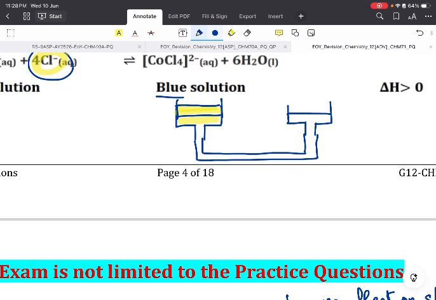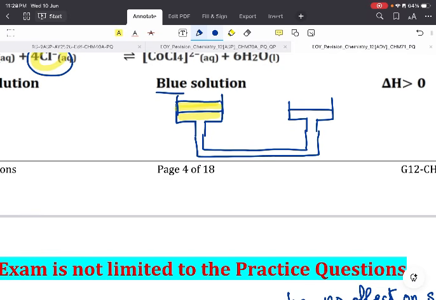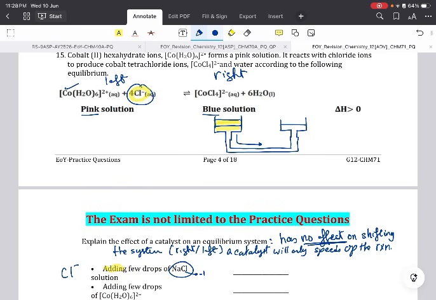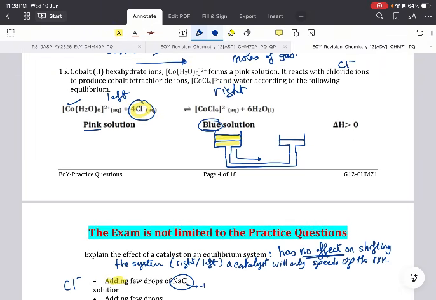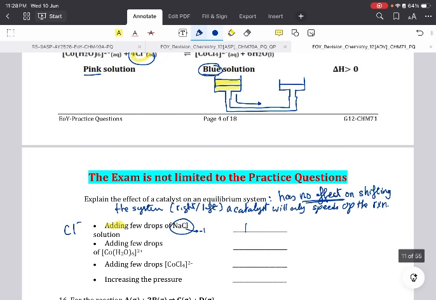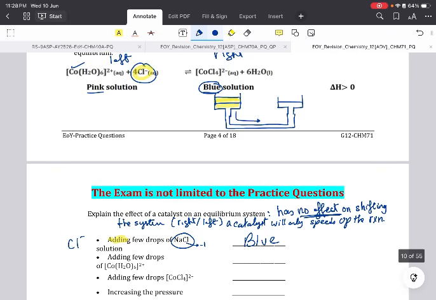How will the equilibrium shift if I have more water on this side? The water is going to go towards the right to go back to the balance or the equilibrium state. And going to the right will produce blue color. So instead of saying right, you're going to write blue color. Now, adding a few drops of Co(H2O)6 2+.